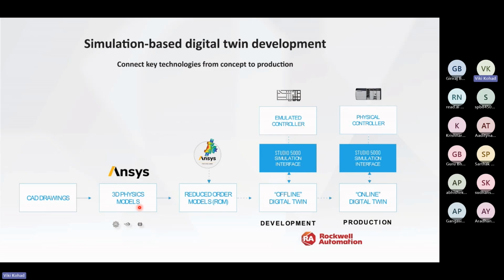The need for the ROM model is to reduce time, because 3D physics based simulations use high fidelity models. The high fidelity solvers solve for each and every direction, since 3D is there, and gather the data, and they also take more time to solve the models.